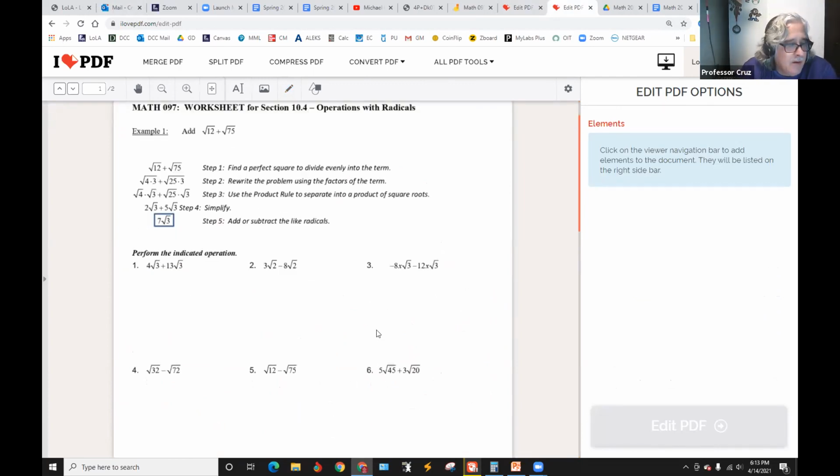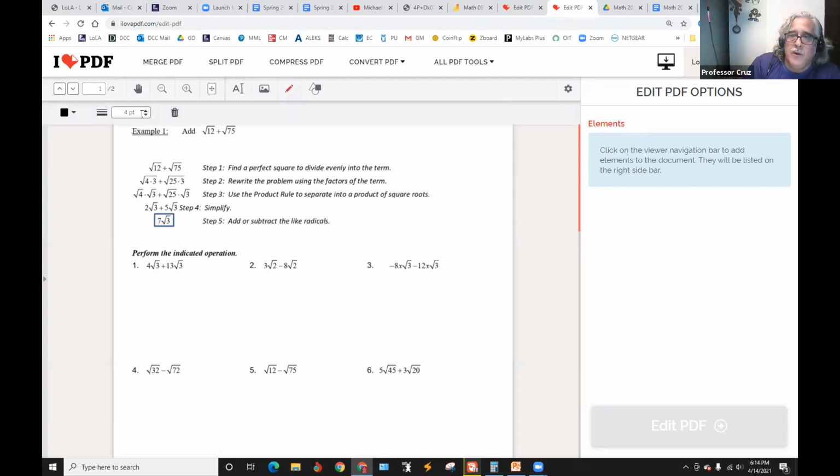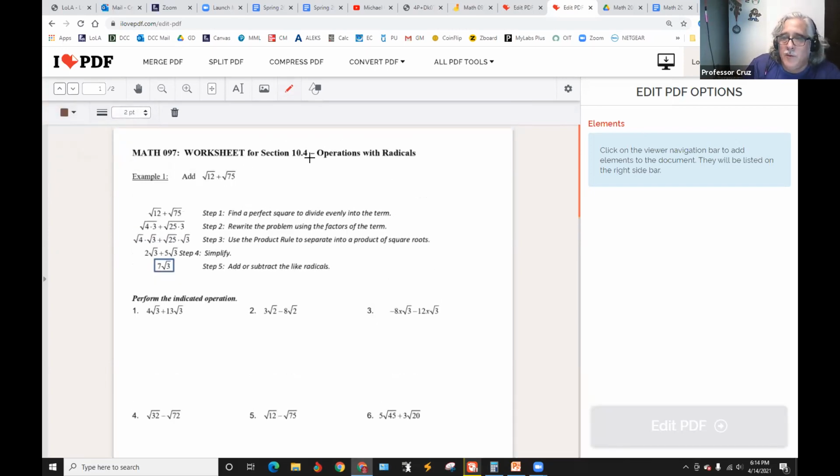operations with radicals. Now, I'm sure most people remember that when we were dealing with variables, we had something called like terms. In other words, if you had 2x plus 5x, that's 7x. You add, if the variables are the same, you just add up the numbers in front of them.